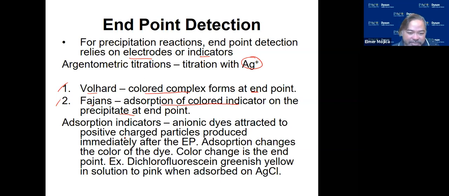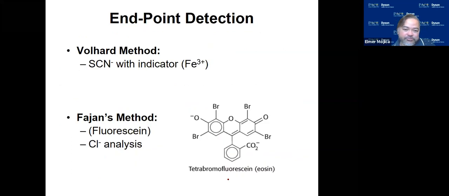They're attracted to the positively charged particles produced immediately after the endpoint, and the absorption changes the color of the dye. So there's a color change wherein the dichlorofluorescein, greenish yellow in solution, becomes pink when absorbed on silver chloride.